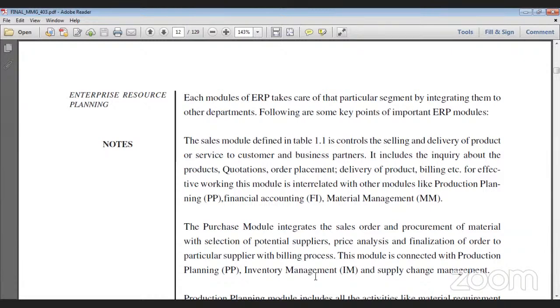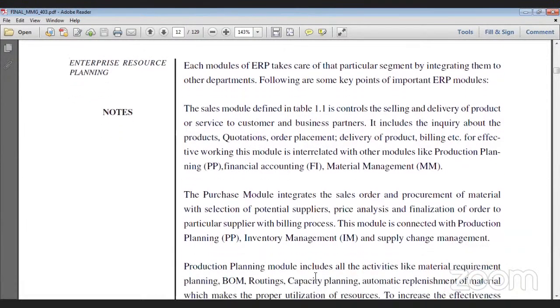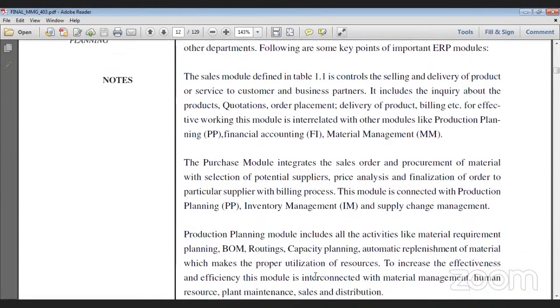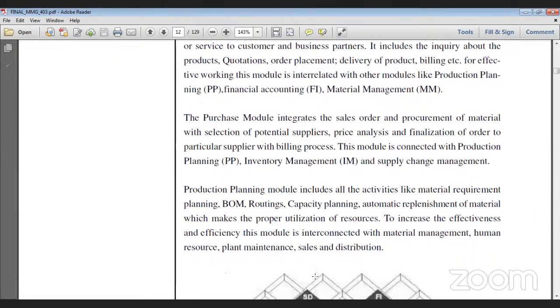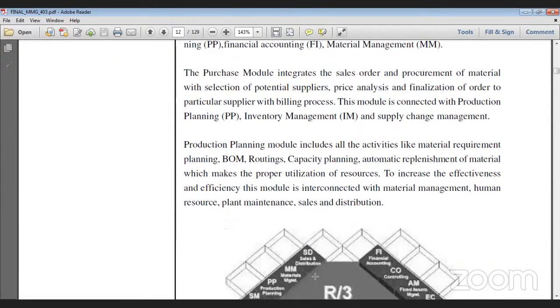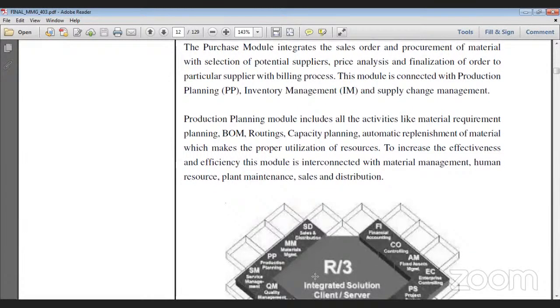It includes inquiry about the products, quotations, orders, delivery, billing, etc. The second is the purchase module, which integrates the sales order and procurement of material. Third is the production planning module, which includes the activities of material requirement planning. Then a figure is given, the R3 integrated solution, client servers and open systems.